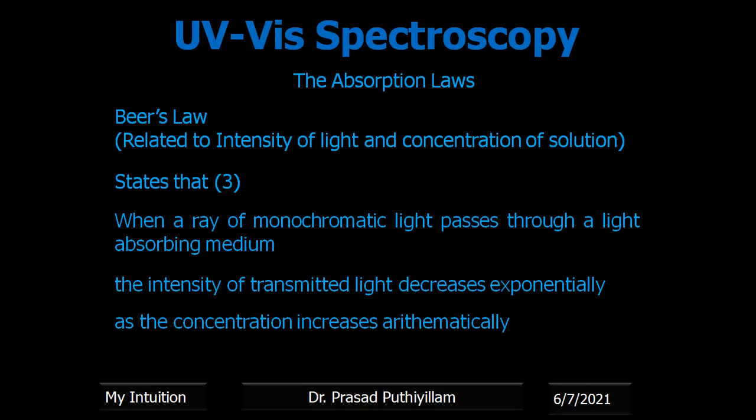So I'll explain what exponentially and arithmetically mean. When a ray of monochromatic light passes through a light absorbing media, that is the sample or our chemical substance which can absorb the light, the intensity of transmitted light decreases exponentially. If the thickness of the cuvette, or path length, is some 3 centimeters, the light has to pass through 1 centimeter, another 1 centimeter, another 1 centimeter.